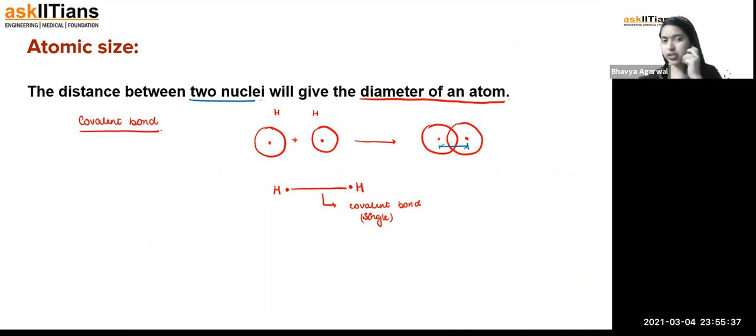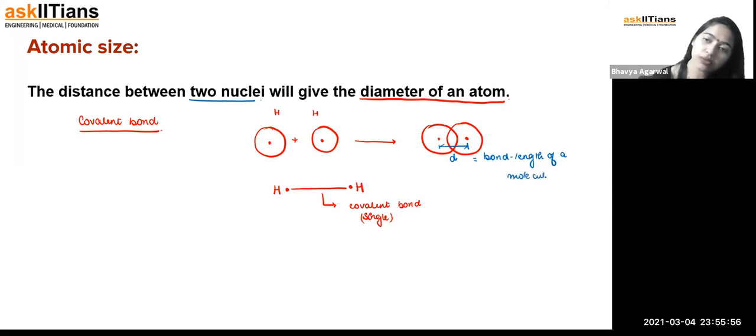This diameter will represent the bond length of a molecule. Now if I divide it by half, that will give me the radius of that atom.